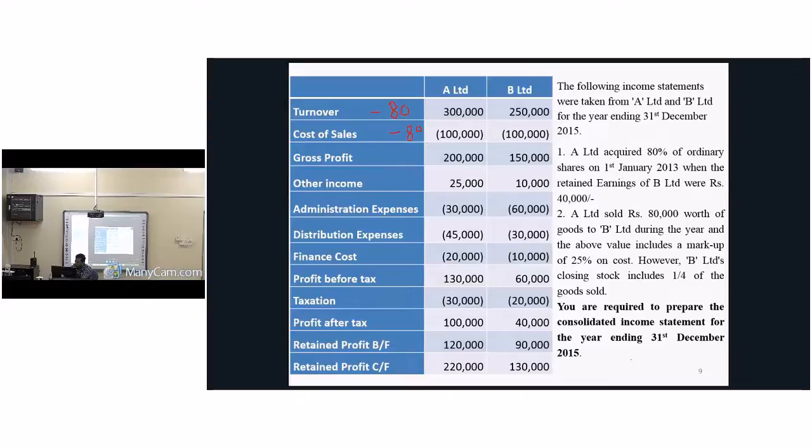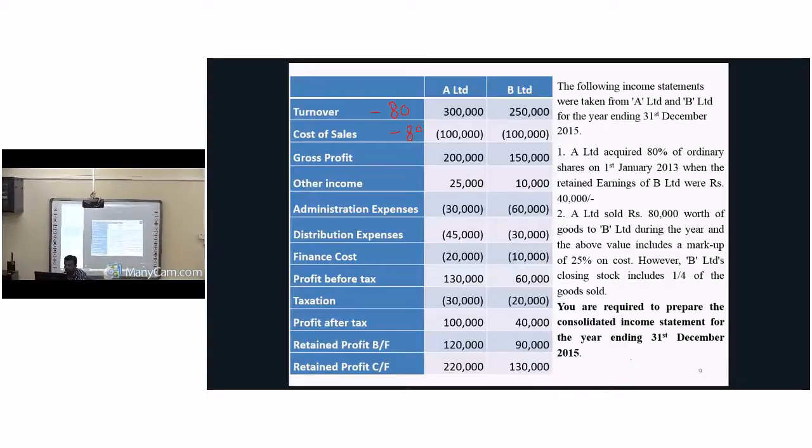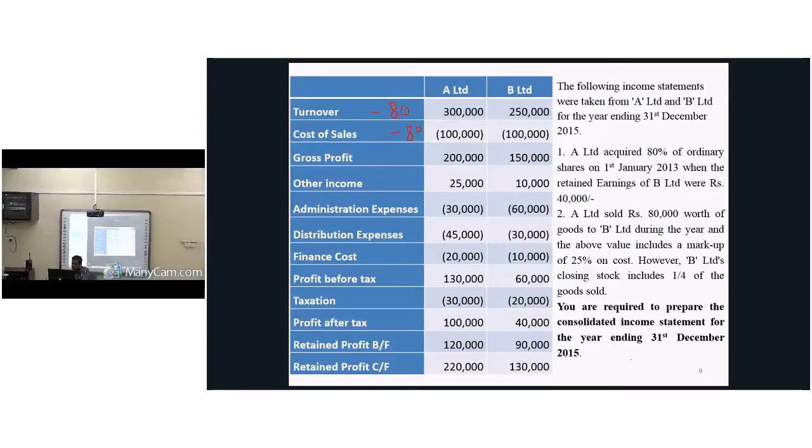If you can remember, we already calculated unrealized profit and we passed the double entry in the balance sheet. How do you record the double entry? If the parent sells goods to subsidiary, what is the double entry for unrealized profit? I told you every time: seller's retained earnings debit and consolidated inventory credit. So in the balance sheet, when you sell goods from one party to another inside the group, it is the seller's retained earnings, maybe consolidated retained earnings if the parent sells goods to the subsidiary.